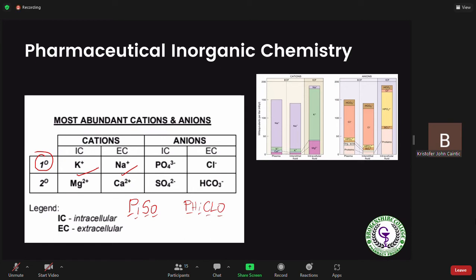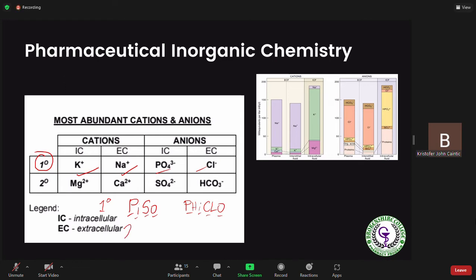So again, the primary anions are the following: phosphate and your chloride. Chloride rather, because it is an ion. So, take note, PICLO and PISO, these are the primary cations and anions that are abundant in our body.